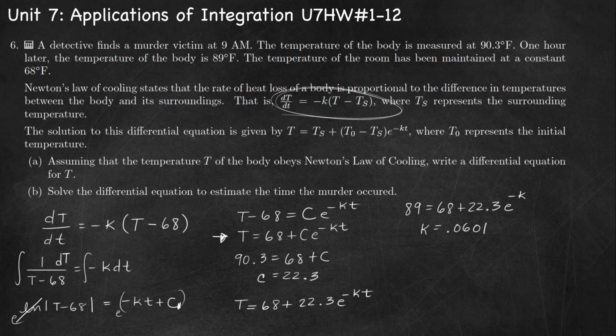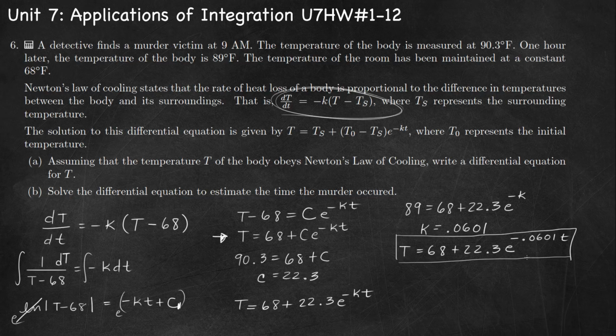So now we have our particular solution, T equals 68 plus 22.3 e to the negative 0.0601 t. We can use this to find the temperature at any time little t.